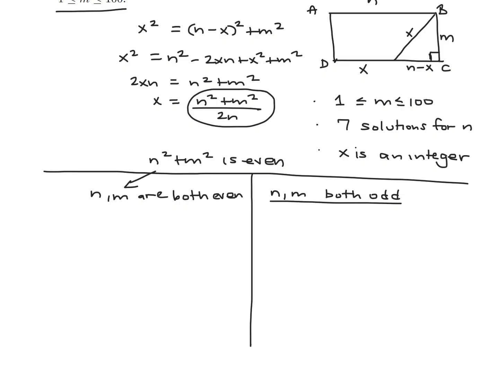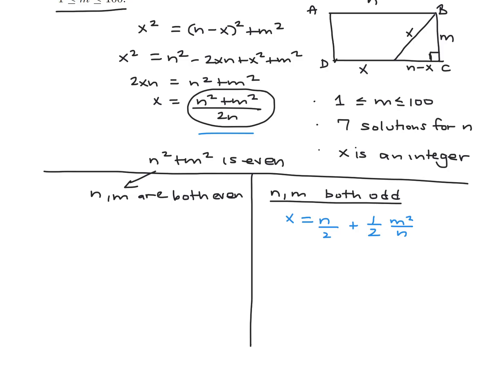If they're both odd, then m is odd. So then this equation would become x is equal to n over 2 plus 1/2 m squared over n.